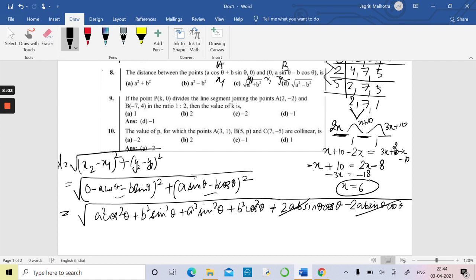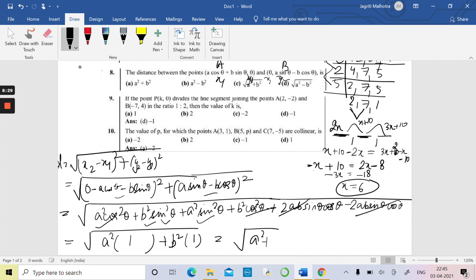This cancels with this. A square cos square theta plus A square sin square theta. Taking A square common, we are left with sin square theta plus cos square theta, which is 1. Similarly, B square sin square theta plus B square cos square theta, taking B square common, we are left with sin square theta plus cos square theta inside, which is equal to 1. This means A square plus B square is our answer, which is the C part.